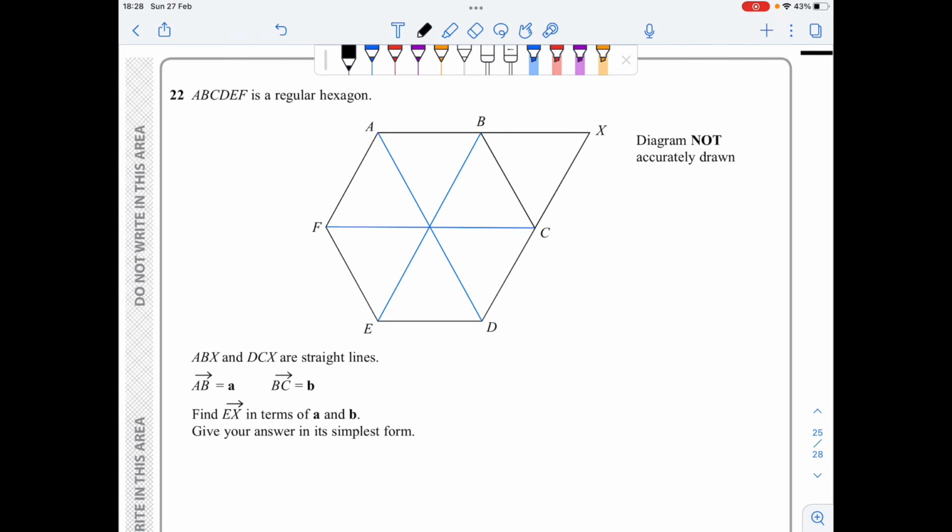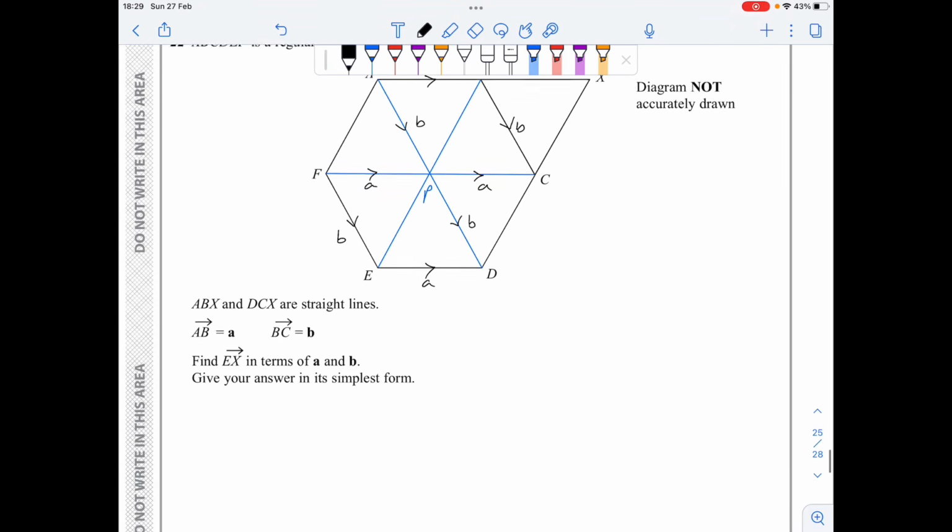Now I'm given that AB is vector A, so does ED, and this is the same as F to the point of intersection. Let's call this point P, and PC is also A. Furthermore, I'm given that BC is equal to B, and this is the same as FE, which is the same as AP, which is the same as PD.